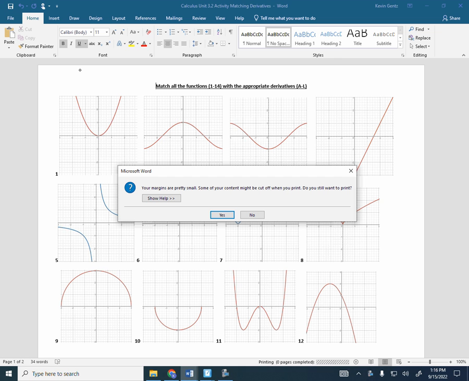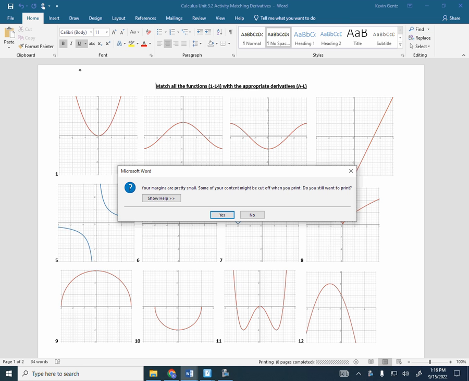Can you take the derivative at all? Yeah. Okay. So you can move around. But if you look at number 1, for example, how would you describe the derivative here? It's negative. So you're looking for something that is below the x-axis.